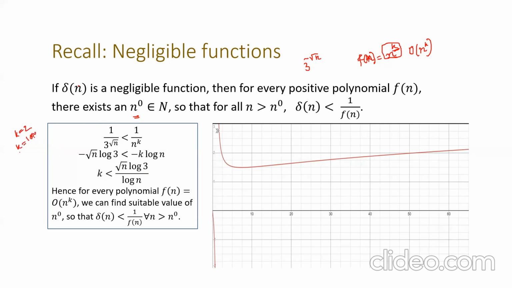But whatever value of k you take, you will always get a natural number value of n such that this expression surpasses, or is greater than, the value of k. In this graph, I plotted y equal to root n log 3 by log n. Let's say I take k equal to 2, to see what the value of n0 will be if my positive polynomial f n is of order n squared.